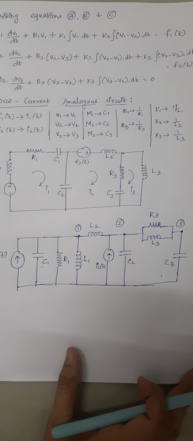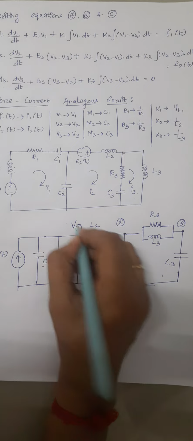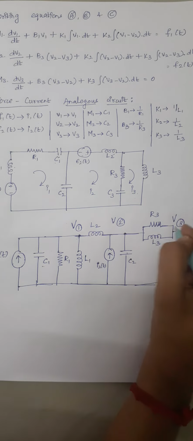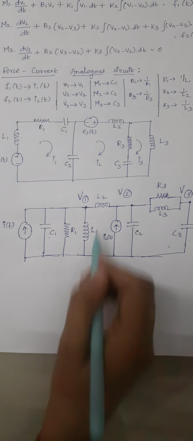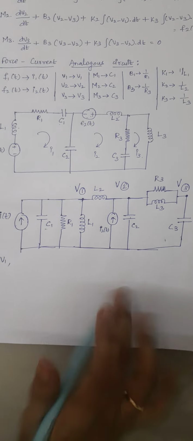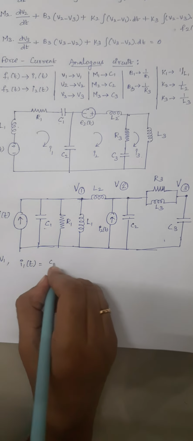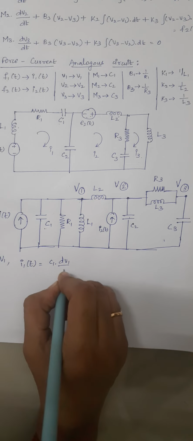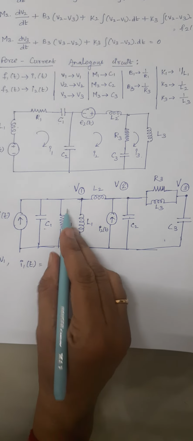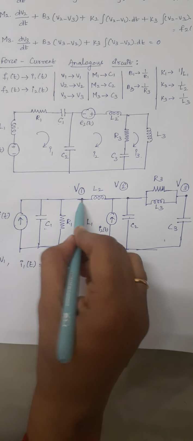Right. Now we are going to write the expressions, that is the respective expressions here. So when you write the expression, we should represent this node 1, node 2, node 3 as a potential V1, V2 and V3. So while writing nodal equation at V1, the equation will become I1 of t is equal to current flowing through the capacitor is given by C1 into dV1 by dt, and current flowing through the resistor is given by V1 by R1, since everything is connected to V1.